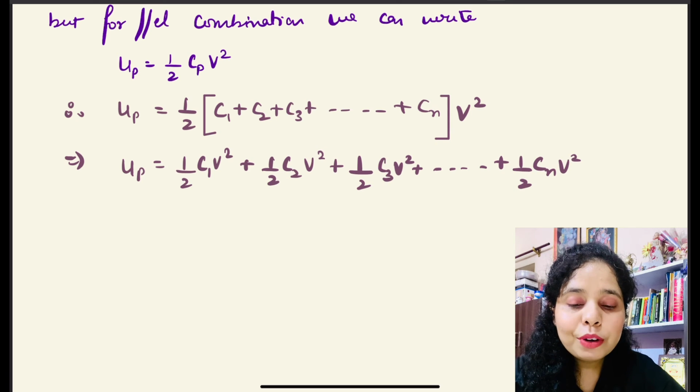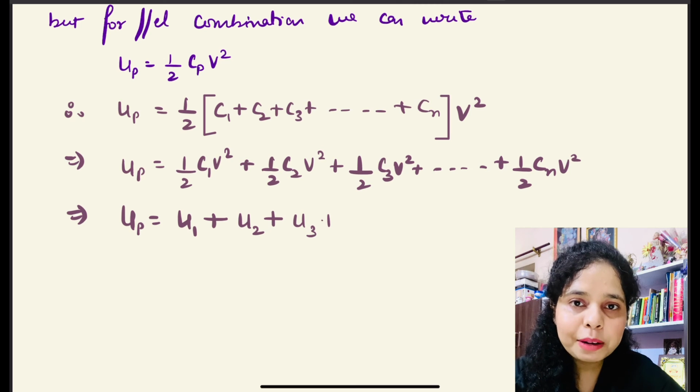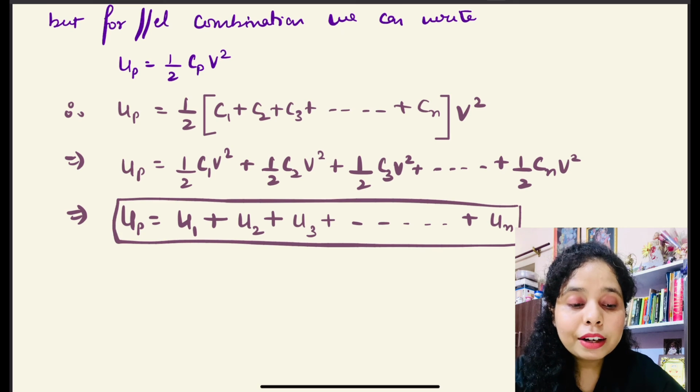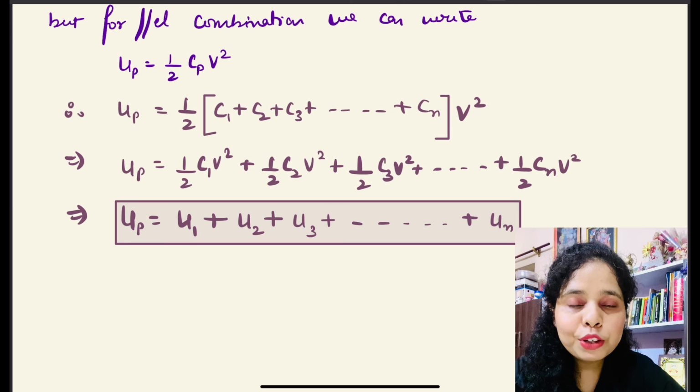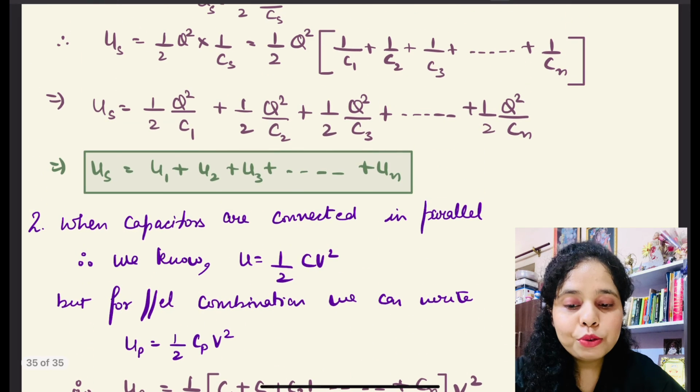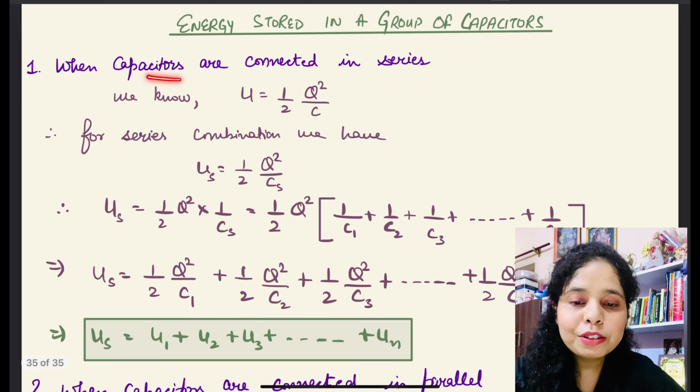So this equation is again telling that UP is equal to U1, energy of the first capacitor, plus energy stored in the second capacitor, plus energy stored in the third capacitor, plus and so on energy stored in the nth capacitor. So we are again having the same formula which we got when we talked about the series combination, that is US is equal to U1 plus U2 plus U3 plus and so on Un.